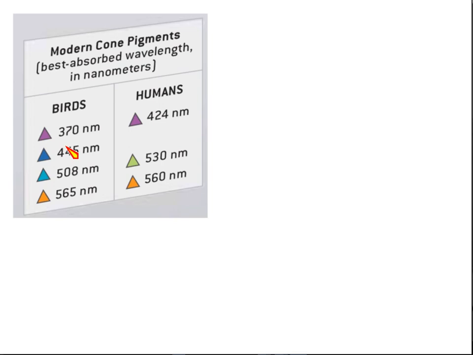So even if it were just inside the range of frequencies that we can see, they would have a much richer sensation of colors. In a sense, we are colorblind birds. What a colorblind human is to us is what we are in comparison to birds, and not only birds. And what does that mean?